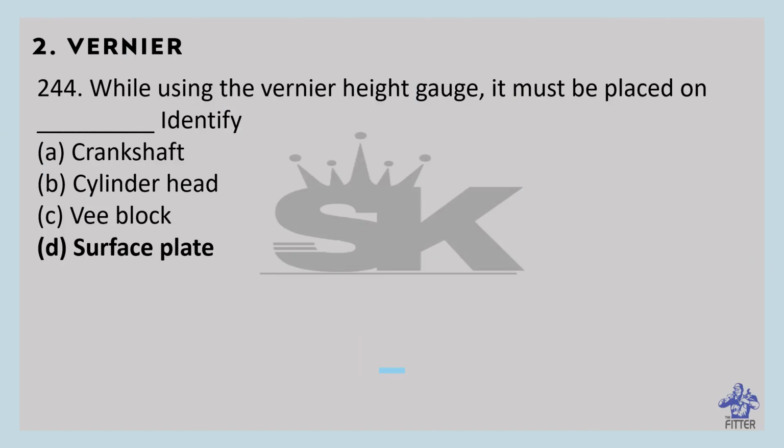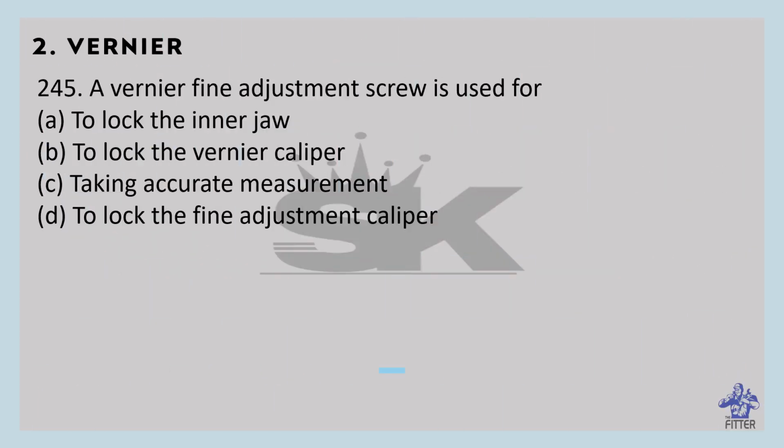Okay. Vernier height gauge is used for inspection of parts and layout work, measuring and marking vertical distances above a reference surface. Okay. A vernier fine adjustment screw is used for taking accurate measurements. Okay.